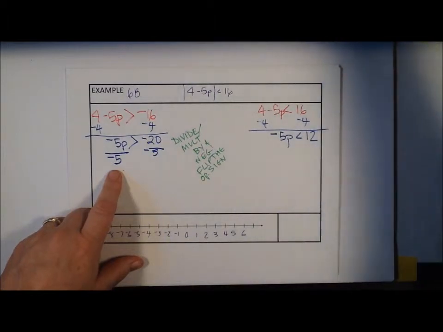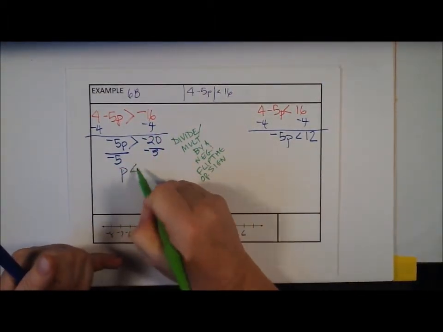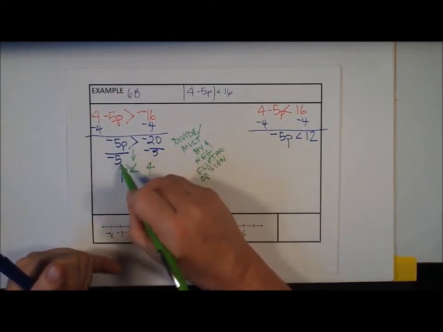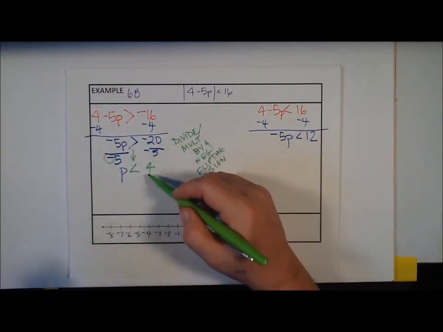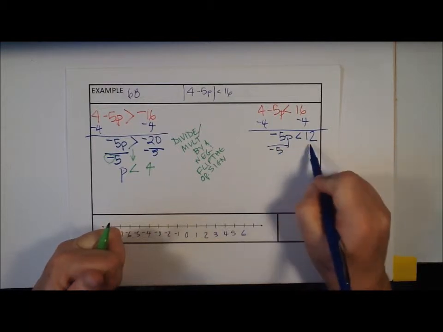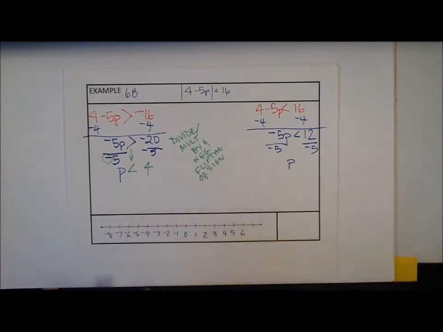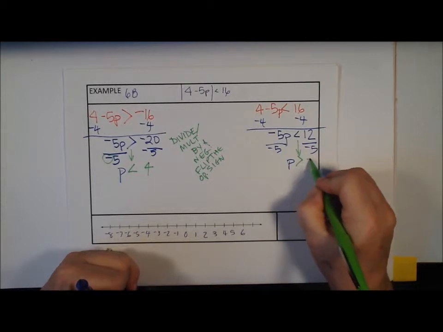So here I'm going to have p is less than 4. I switched it because I used a negative, and a negative divided by a negative will be a positive. I'm doing the same thing over here, dividing by -5, so I have to flip the sign, so I'll have p is greater than -12/5.